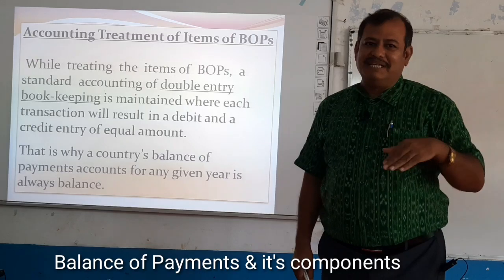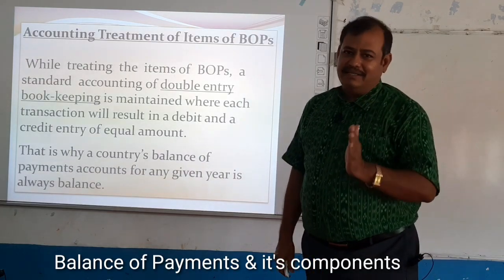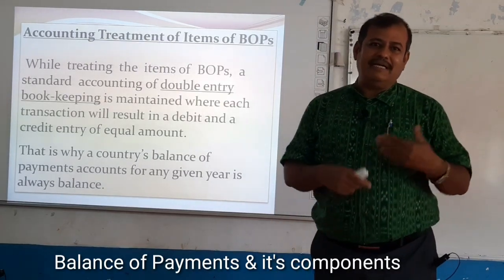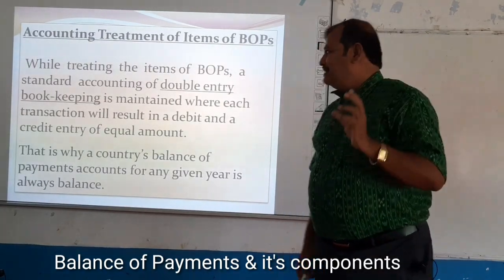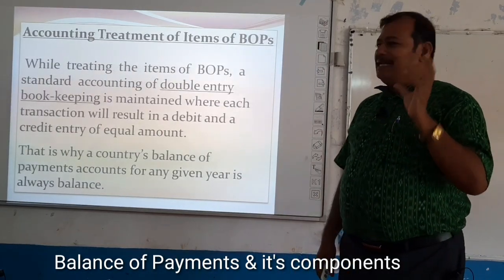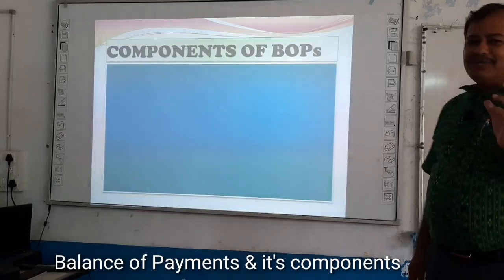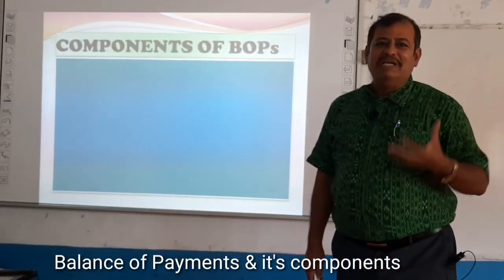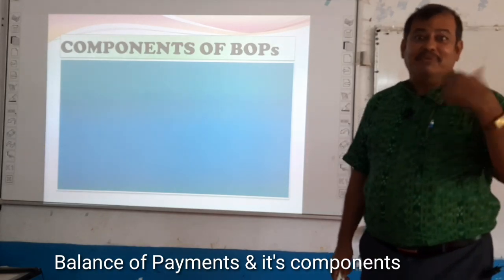What comes in the form of foreign exchange is entered on the credit side, and foreign exchange that goes out of the country comes under the debit side. That is why the balance of payments maintains a double entry system, and that is why the balance of payments is always balanced.